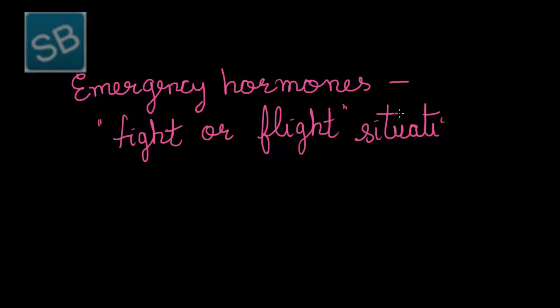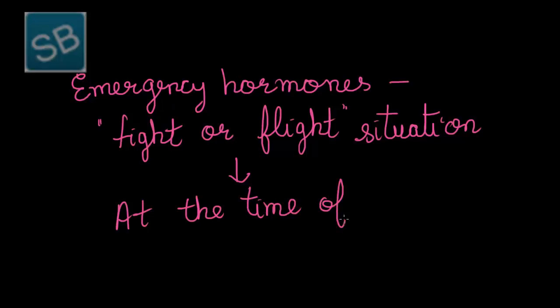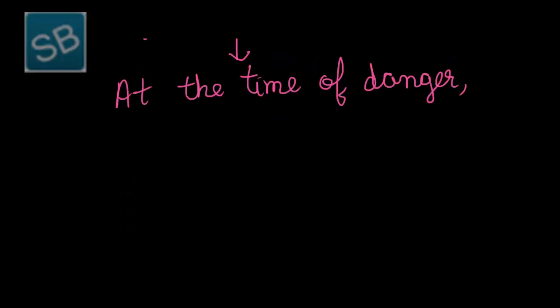Such a situation generally arises at the time of danger or stress. Thus, at this time, that is of danger, stress, or emergency, such catecholamines called adrenaline and noradrenaline are released.